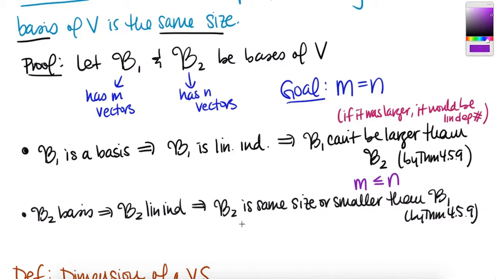And if B2 is the same size or smaller, then that means that n is less than or equal to m. So now we have this inequality in both directions. The only way for both of these to be true is for them to be equal. And this proves our theorem.